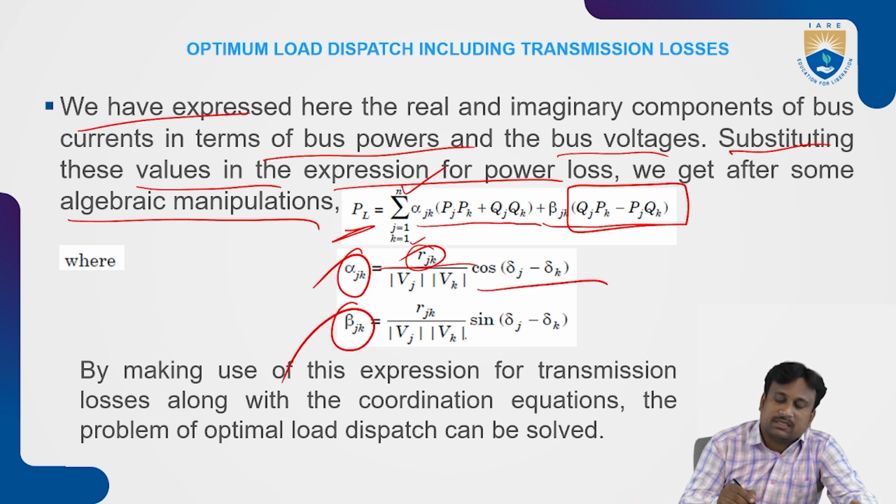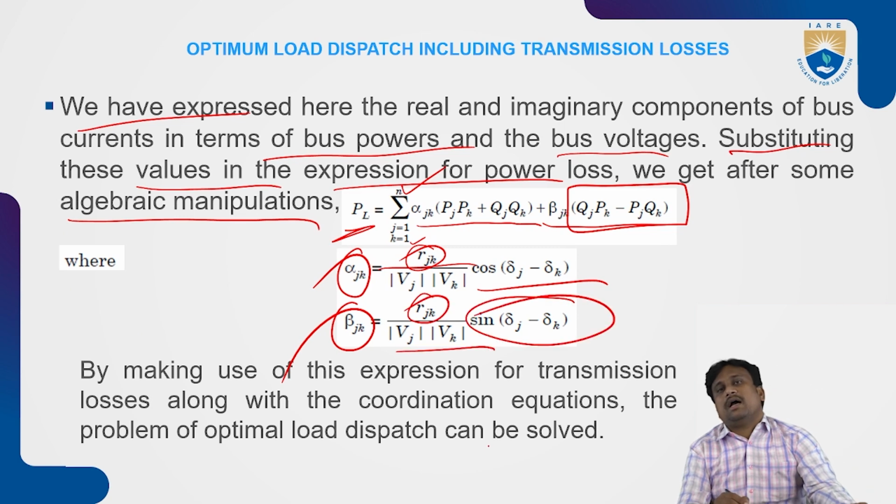Similarly, beta jk equals rjk by Vj Vk sin(delta j minus delta k).